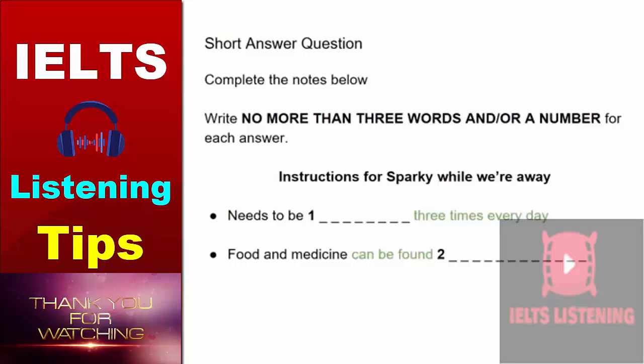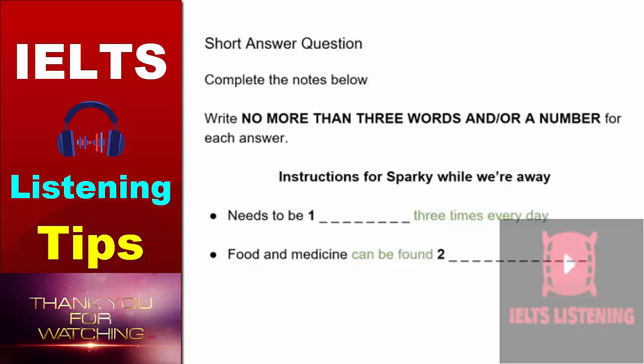Okay, these are all things that we might predict are coming, but we don't know, and so at least making a guess about what's there based on the context will give us some good insight about what to listen for as the speakers are talking. Okay, the second one, food and medicine can be found. I'm guessing that this is going to be a location.